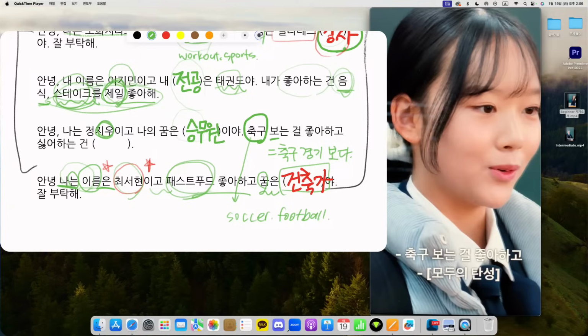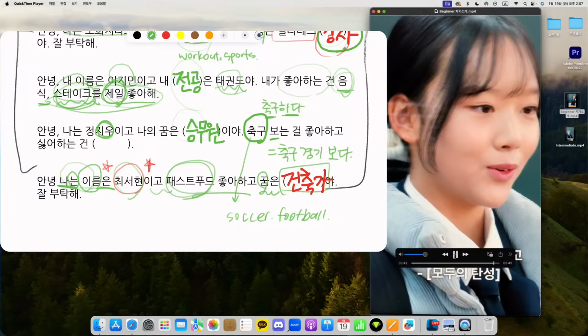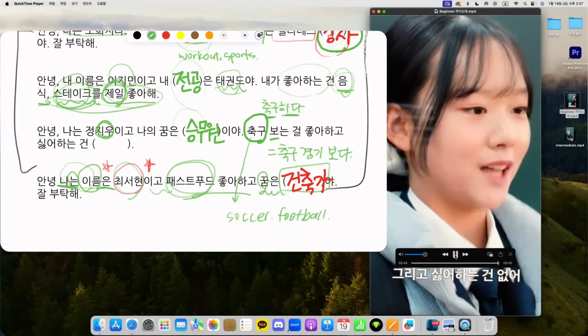And if you want to say you play soccer, not watch soccer, you can just say 축구하다. Literally to do a soccer. So she emphasizes 축구 보다 because not 축구하다. It's not that she plays soccer, but she watches soccer. 그리고 싫어하는 건 없어.